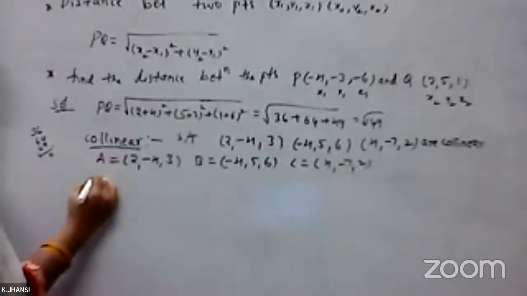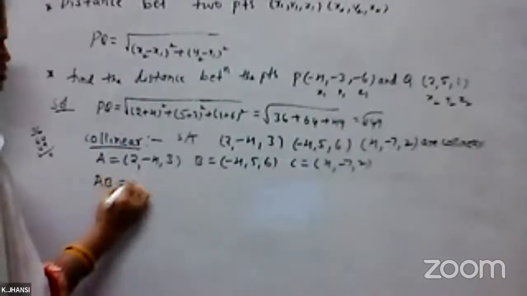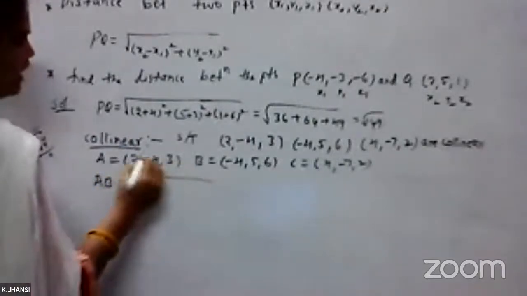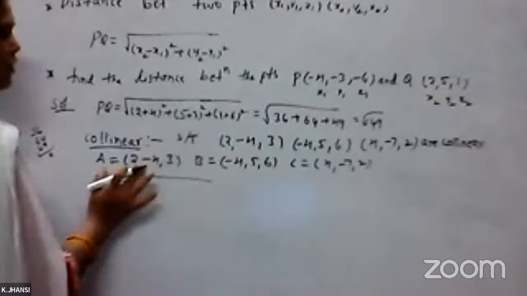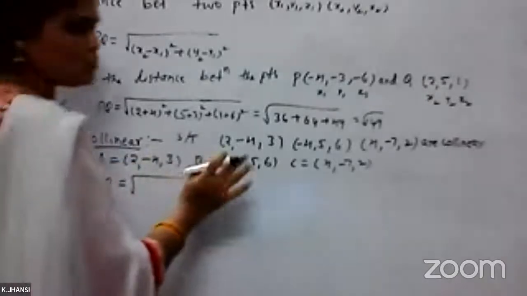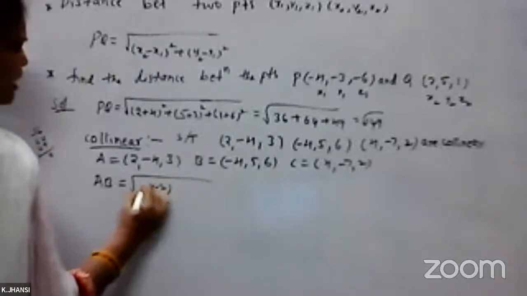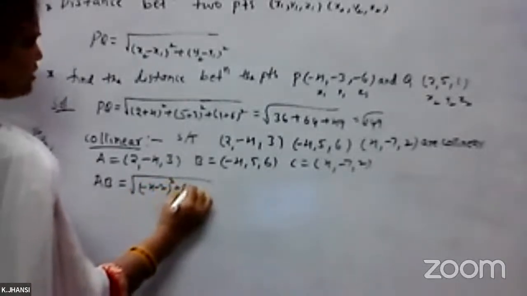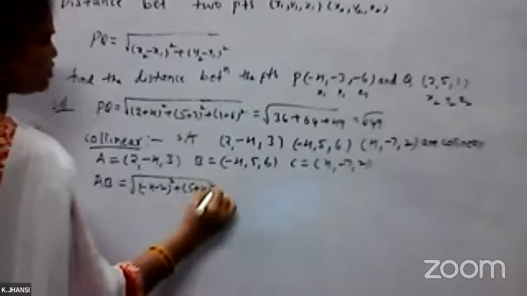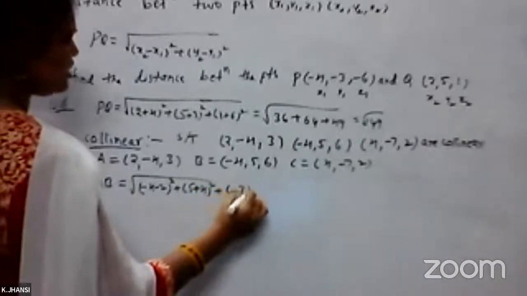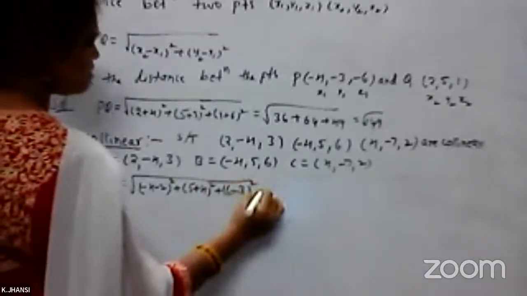First we will find the distance between A and B. AB is the square root of, and if you want you can put x1, y1, z1 and x2, y2, z2, minus 4 minus 2 whole square plus 5 plus 4 whole square plus 6 minus 3 whole square.